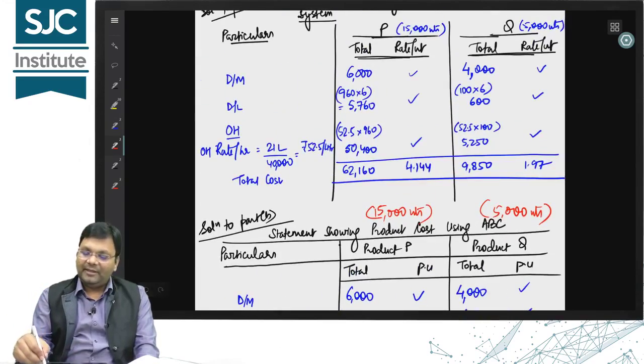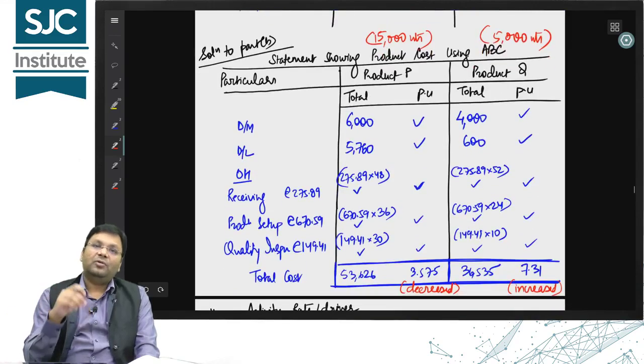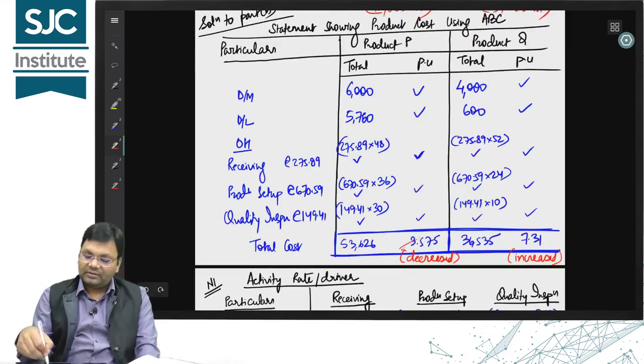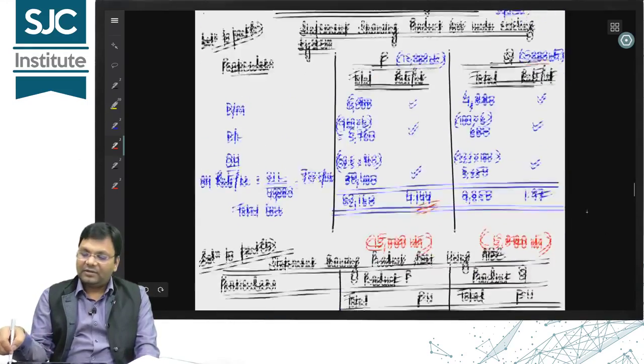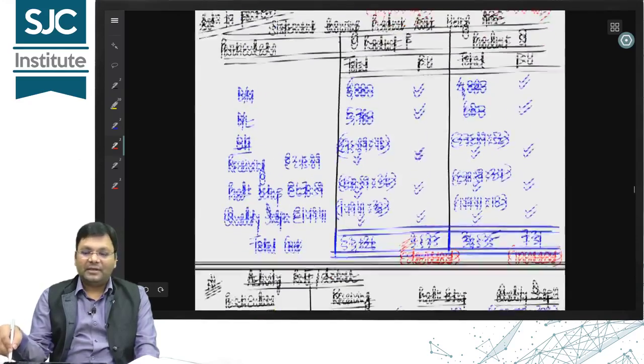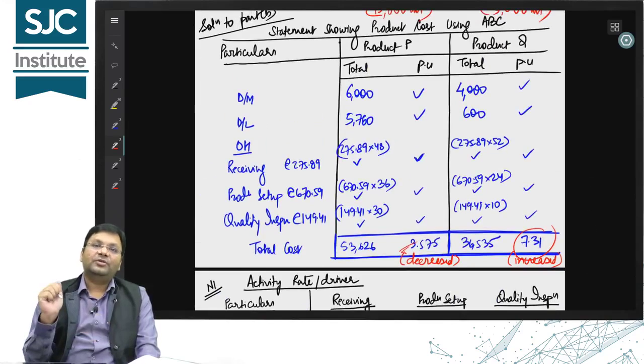But factually high volume product requires lesser resources, so they should have low cost per unit. So that is reflected in ABC here. Low volume product 5,000 gets lower cost in absorption costing, but factually they require more resources, so their cost per unit should be higher.